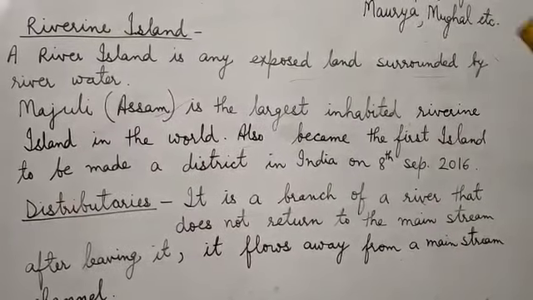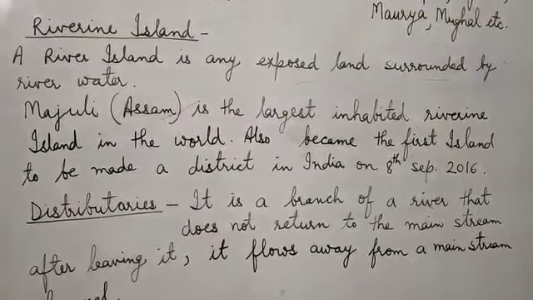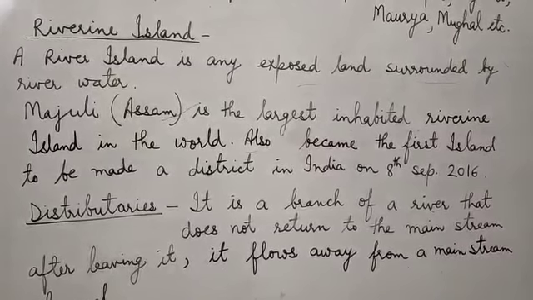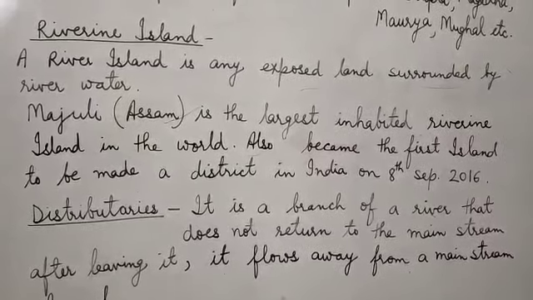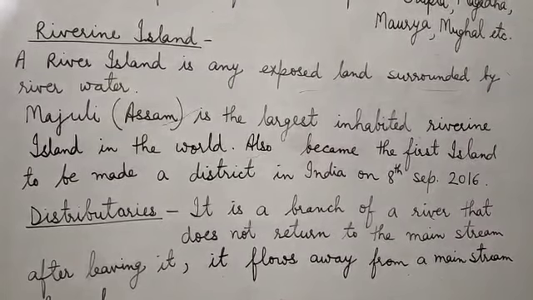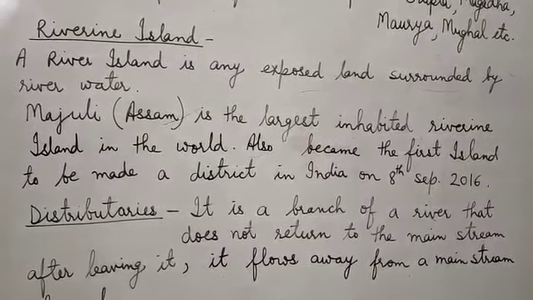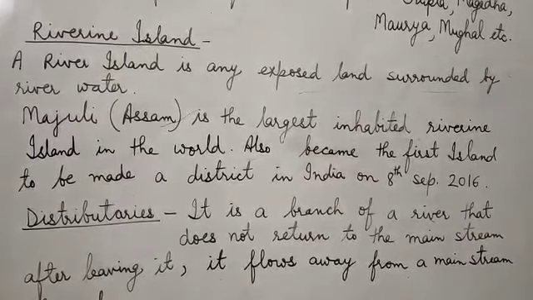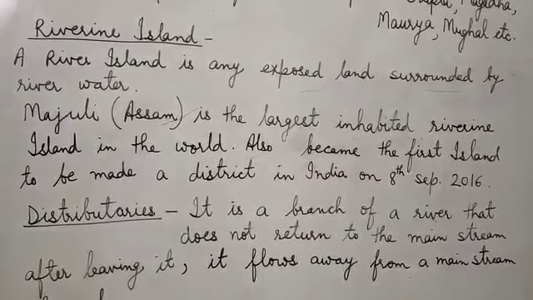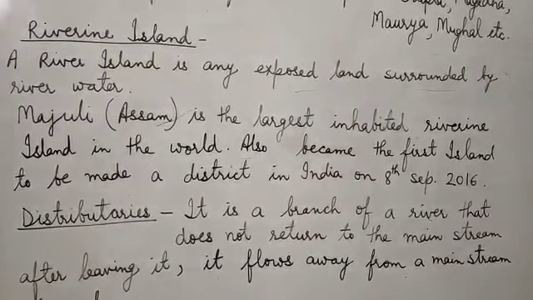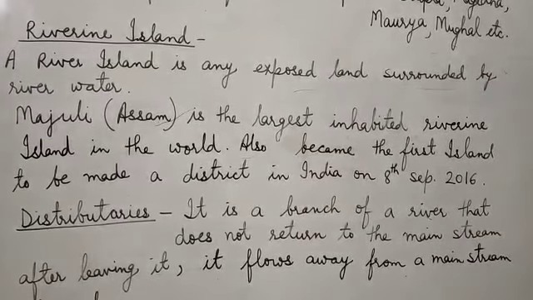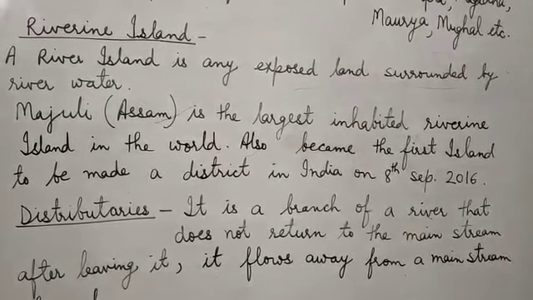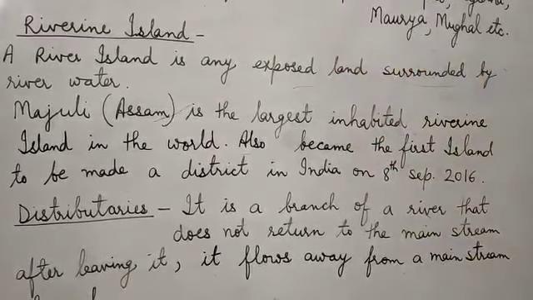Now there are some features made by these rivers which come from the Himalaya. As we know, when rivers come in the lower course, they are mainly involved in deposition work. Because of this deposition, many features are formed such as the delta, and also the distributaries and riverine island.